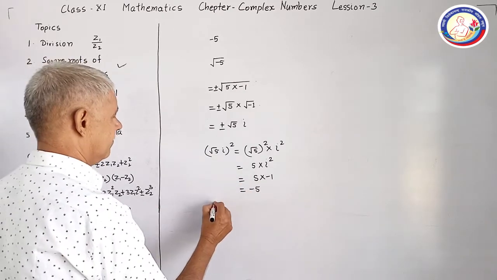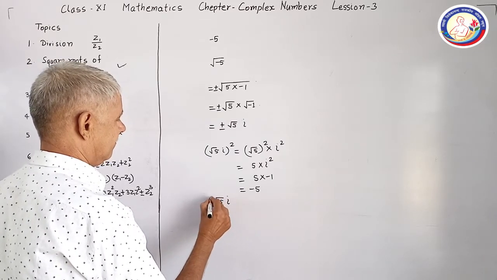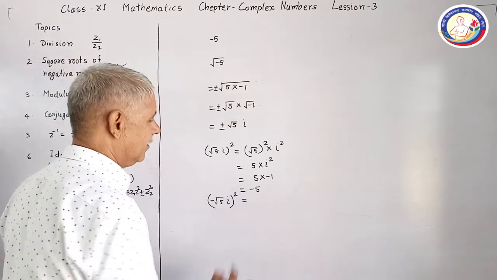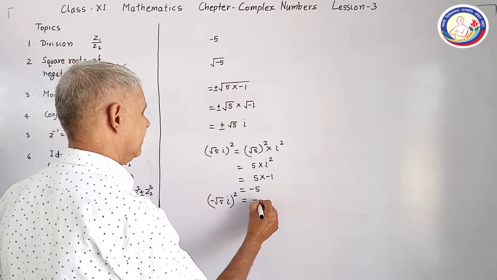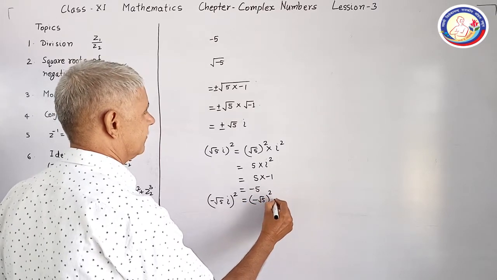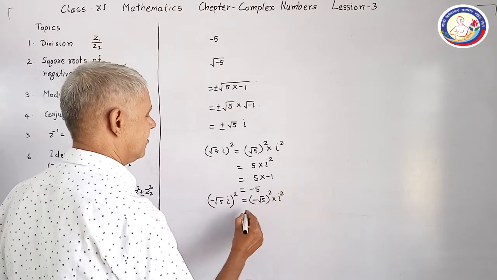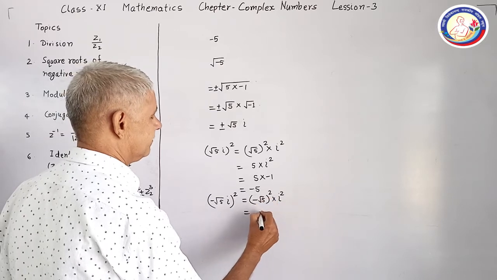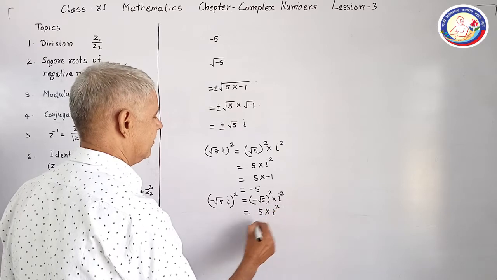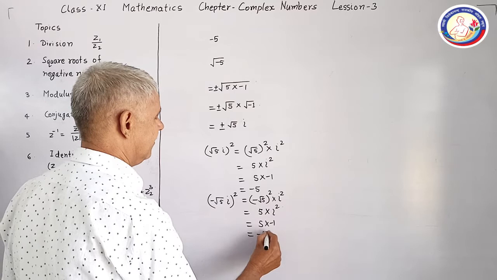Now again, minus root 5 iota whole square is 5 into iota square, which is 5 into minus 1, that is minus 5.